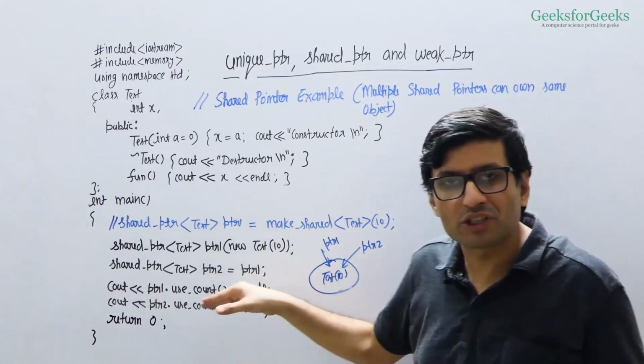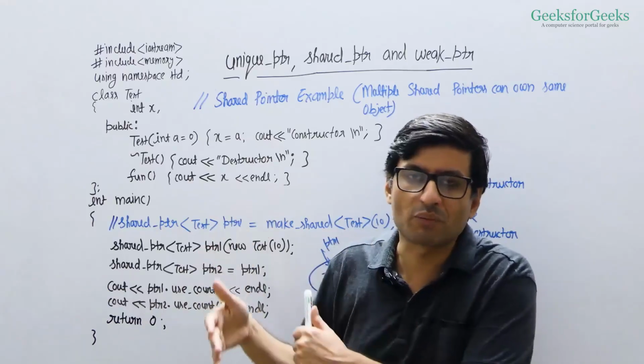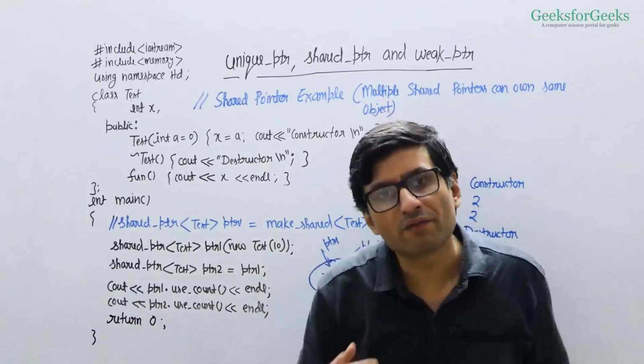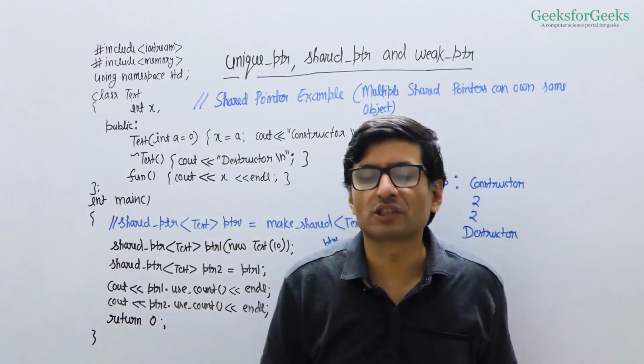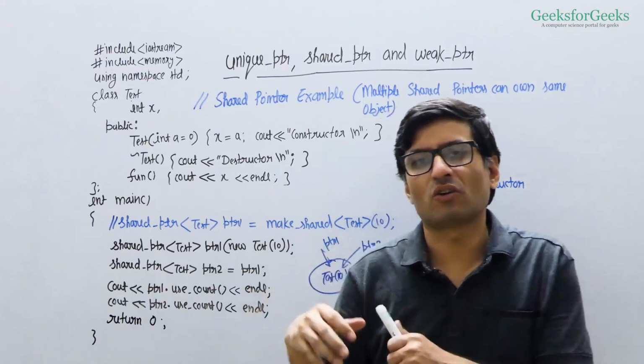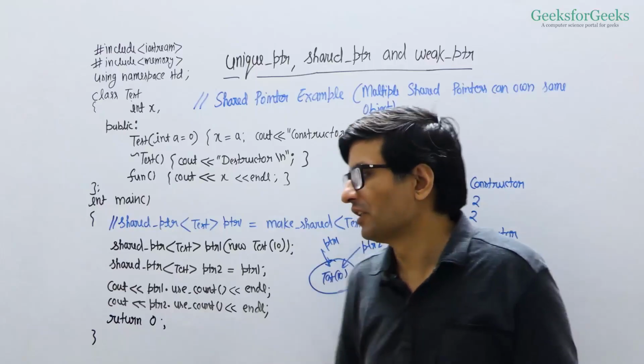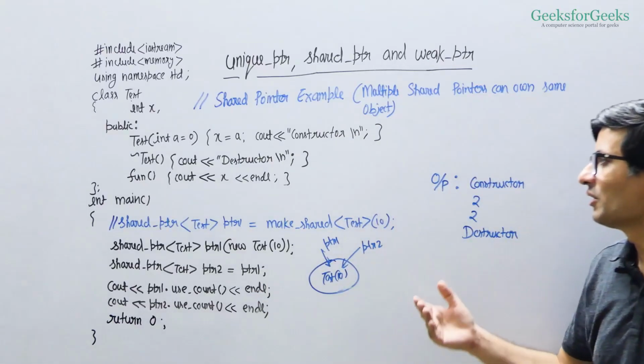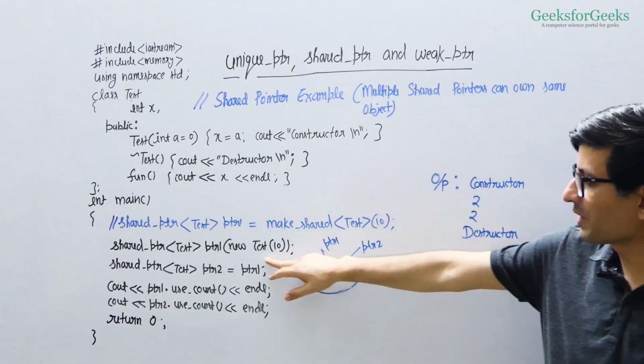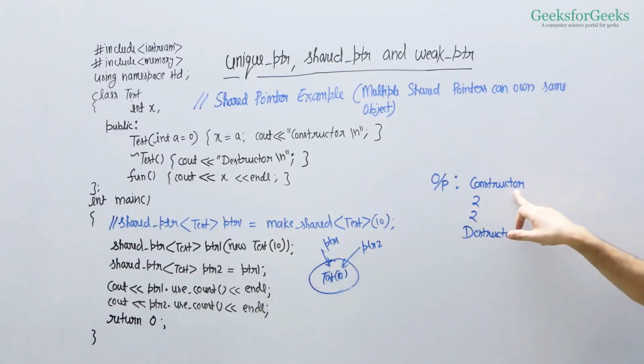So we have co-ownership. Multiple shared pointers can own an object, and if all shared pointers go out of the scope, then your object is destructed, right? When the reference count becomes 0. So let's see the output of this one. We have created an object of test type here, so we'll get the output as constructor.